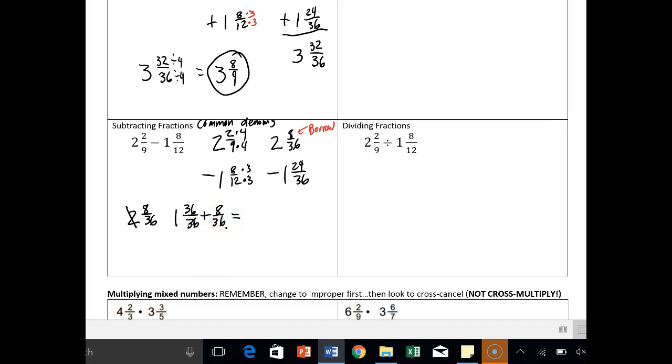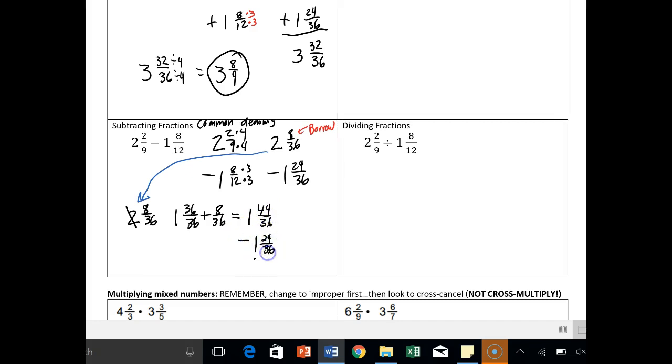So again, all I've done here, I'm not trying to confuse you guys, is put this right over here. But when I add those together, I get my new fraction of 1 and 36 plus 8. It's going to give me 44. 44 over 36. Minus 1 24 over 36.